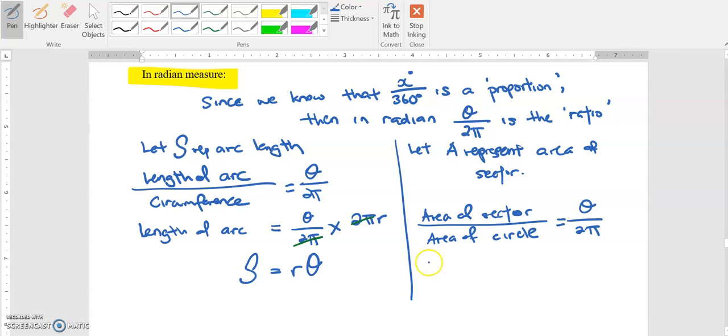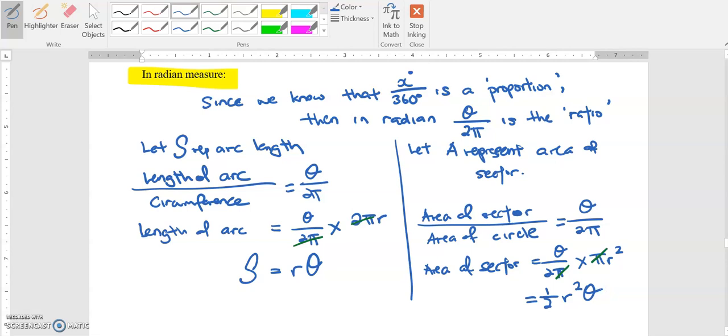Then if I do my little bit of manipulation, I know area of sector is theta over 2 pi multiplied by pi r squared. If I tidy the formula a little bit, I have pi at the top, pi at the bottom. I'm going to do a cancellation. What I have now is left with half times r squared times theta as my formula.